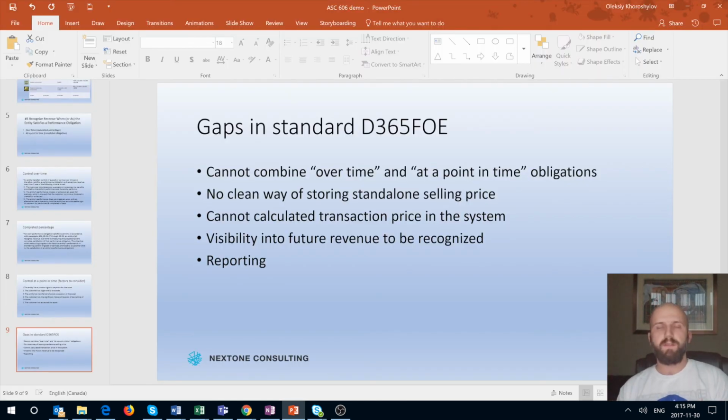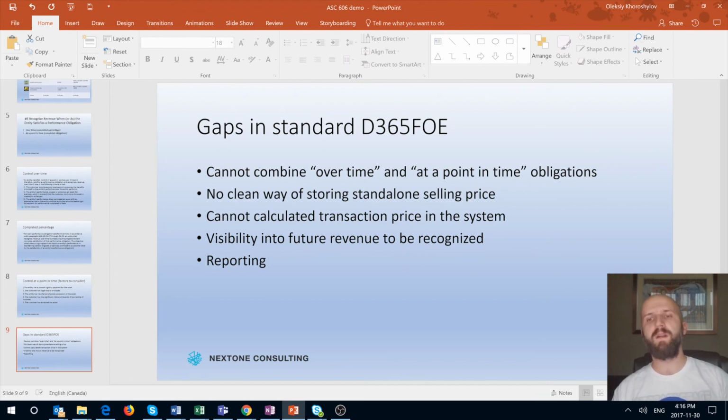To conclude this presentation, I would like to talk to you about the gaps. So the first gap is that we cannot combine overtime and point in time obligations under one single main project. The second gap is that there is no clean way of storing standalone selling price for each of my performance obligations, hence sub-projects.